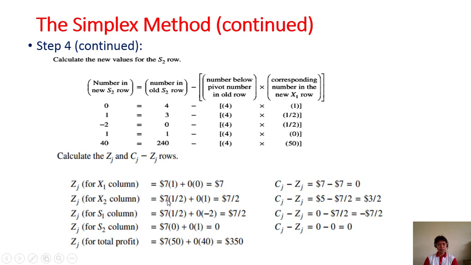And then for X sub 2, it is 7 times 1 half plus 0 times 1, which is 7 over 2 dollars. And for the next column, 7 times 0 is 0 plus 0 times 1 is 0, so 0 plus 0 is 0. And for the total profit, it is 7 times 50 is 350 plus 0 times 40 is 0. So 350 plus 0 is equal to $350. Okay, and so on.